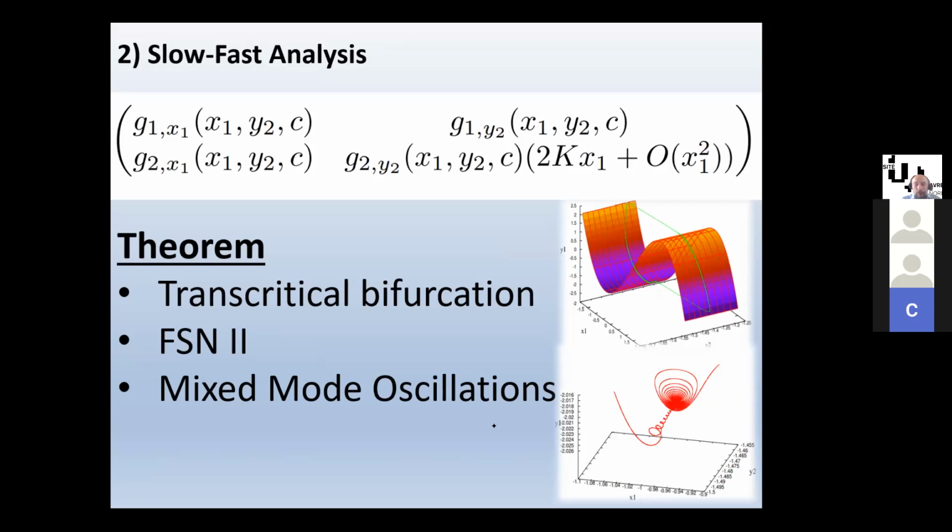And so in this paper, it was proven that you have this kind of thing, and this particular bifurcation is known to lead to these mixed mode oscillations. And so here you have these mixed mode oscillations.